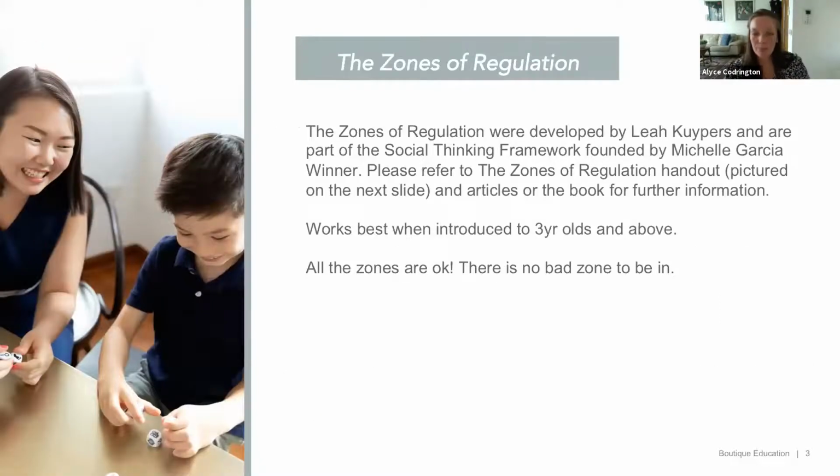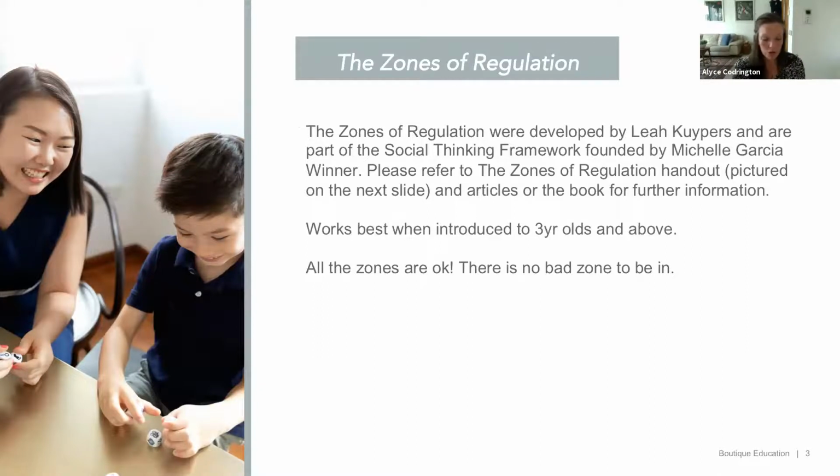So the main tool that we're going to be working with today is referred to as the Zones of Regulation. The Zones of Regulation is a specific tool that was developed mainly by an OT called Leah, and she has worked with the people behind Social Thinking.